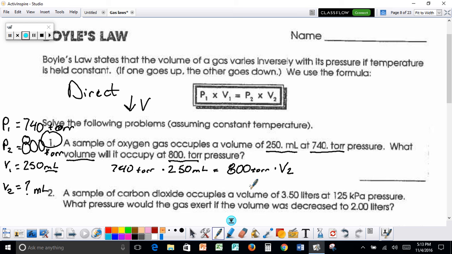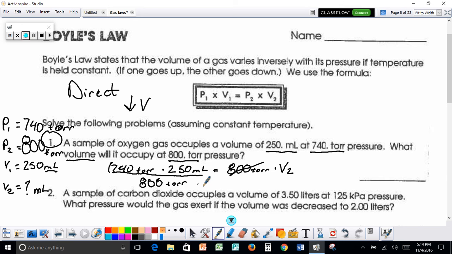Now let's just do some algebra here real quick so that we can isolate our variable of V2 on the same side. If we divide both sides by 800 torr, that will cancel 800 out on this side and move it to the side with our numbers. So essentially we have 740 torr times 250 milliliters divided by 800 torr.